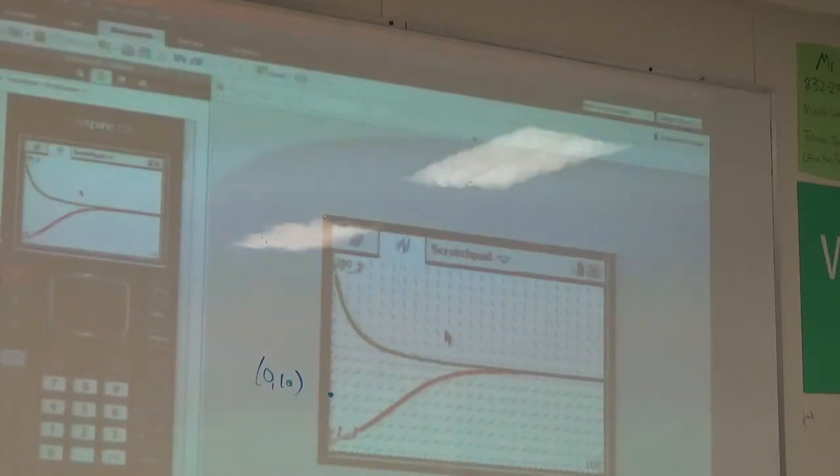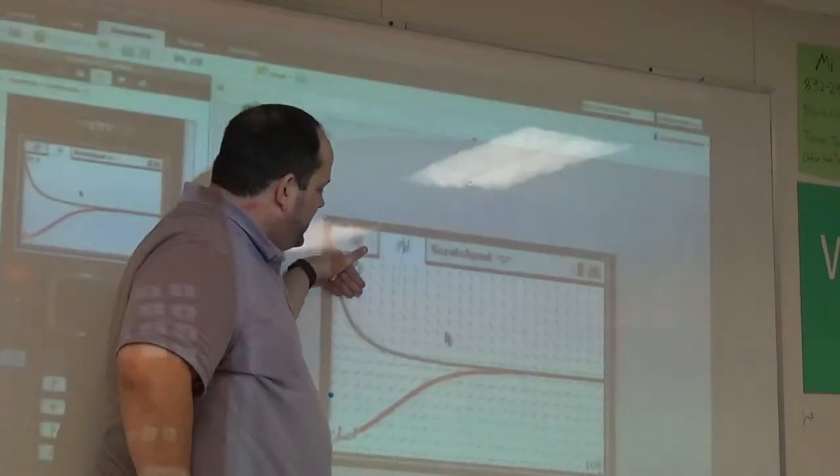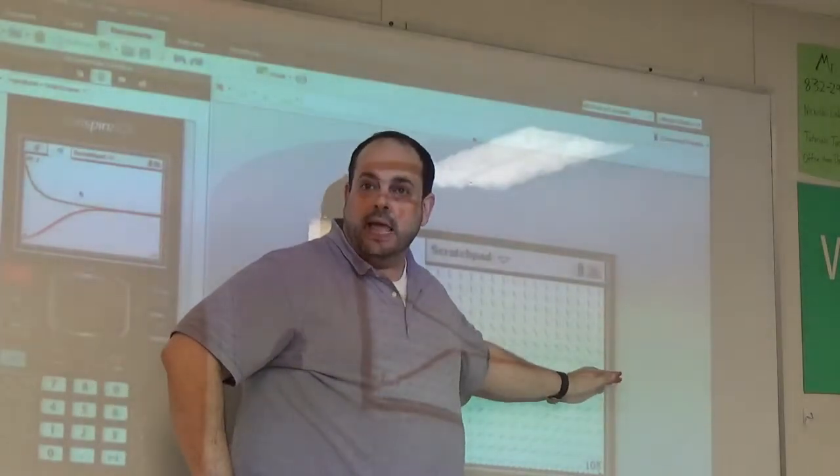They're going to approach that limiting capacity. But it wouldn't go less than 100? It won't go less than 100, because your population is going to stabilize at 100 bears.